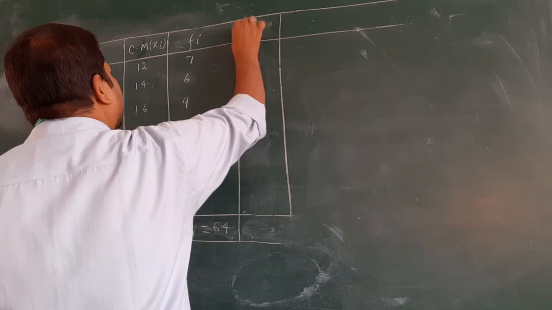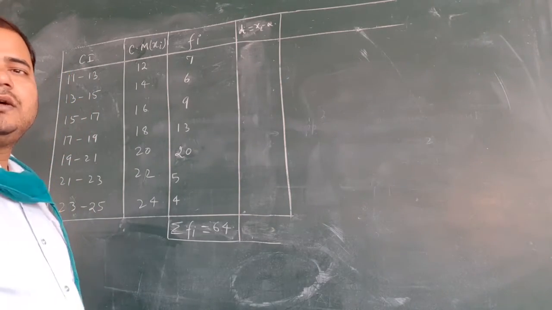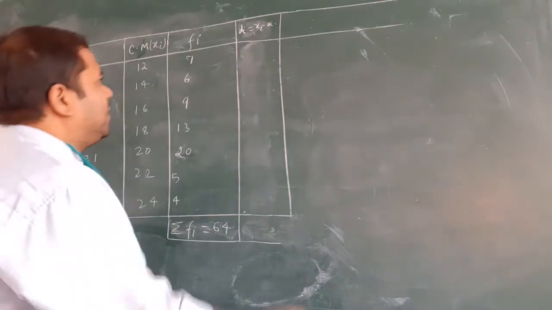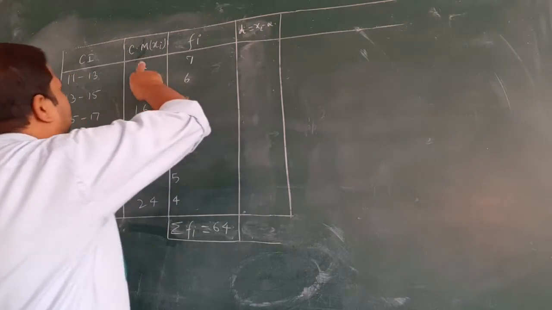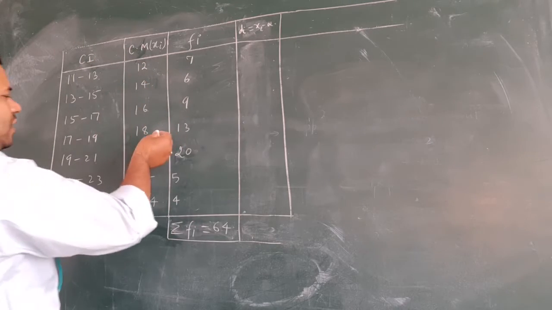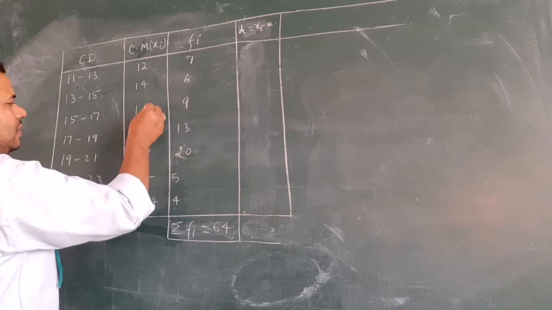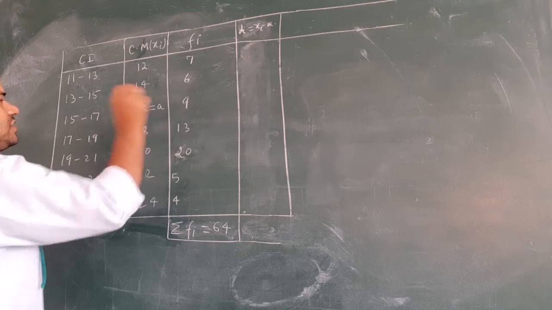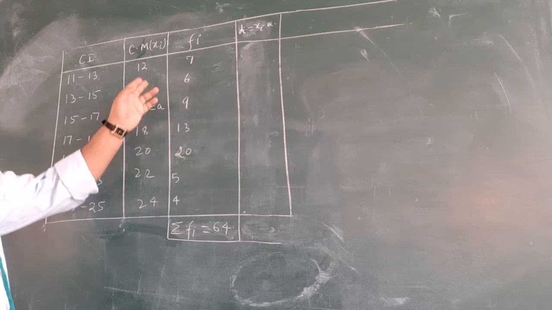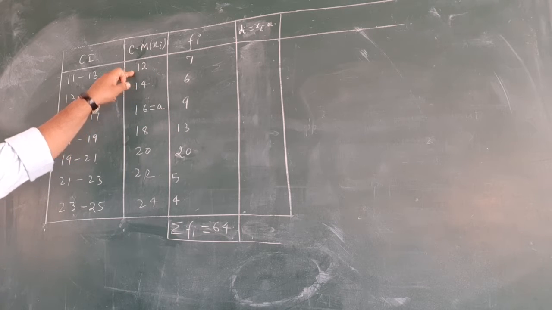And here di, and di is nothing but xi minus a. So xi is this xi, and a can be any one of them supposed to be the assumed mean. So which one do we take as assumed mean? 16. Let us take 16. So a is equal to 16. So xi minus a, that means x1 is 12 minus a.